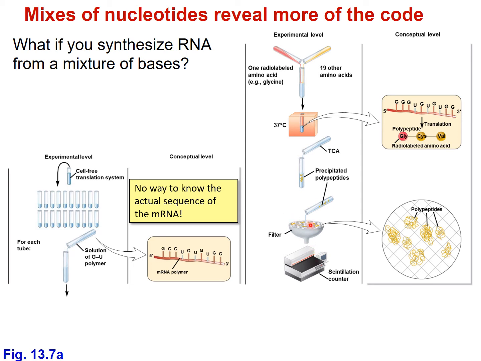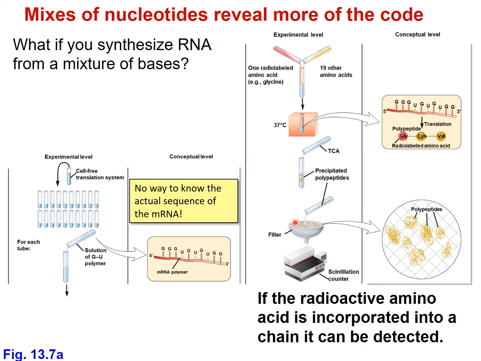Keep in mind that the only thing on here are polypeptides retained by the filter. If you used an amino acid that did not get incorporated, you would still get polypeptides retained on top, but they wouldn't be radioactive. So you could directly measure how much radioactivity was incorporated into proteins.